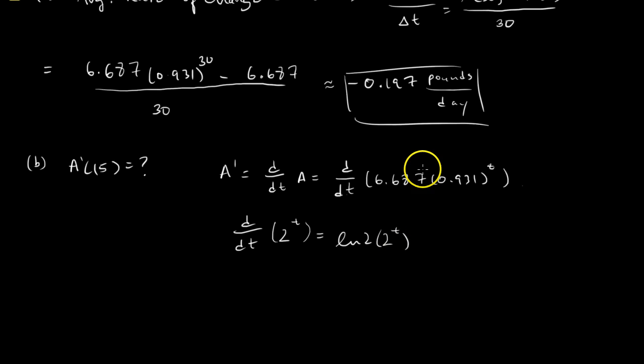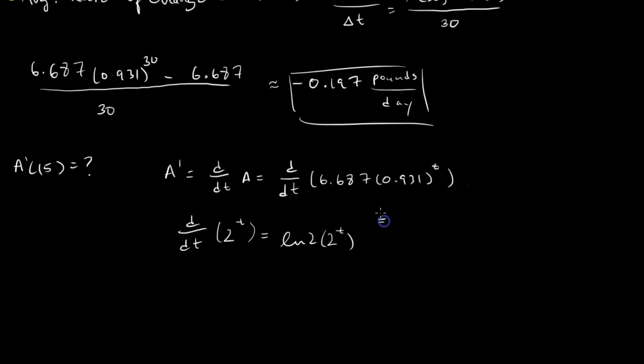And we can do the same thing here. Okay? So we have this constant of 6.687, and now following this guideline, we get the original function times the natural log of what's inside. So the natural log of the inside is the natural log of 0.931 times the original function, 0.931 to the t.